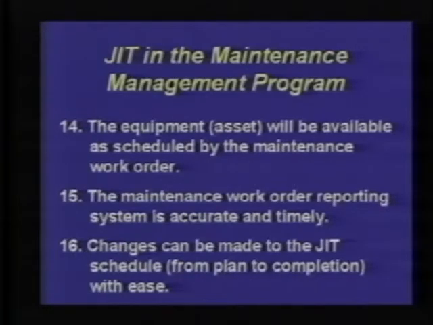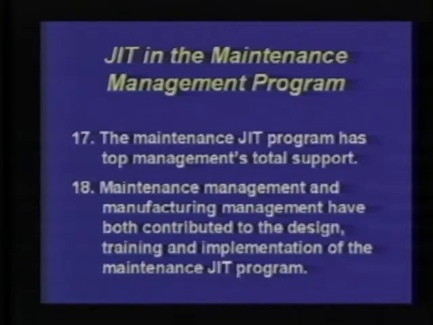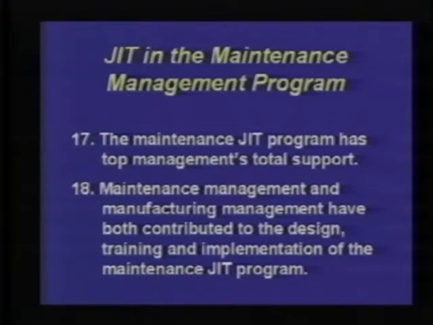And continuing to page 45, step 17 is the maintenance JIT program has top management total support. And the last item, 18, indicates that the maintenance management and manufacturing management groups have both contributed to the design, the training, and implementation of the maintenance JIT program.